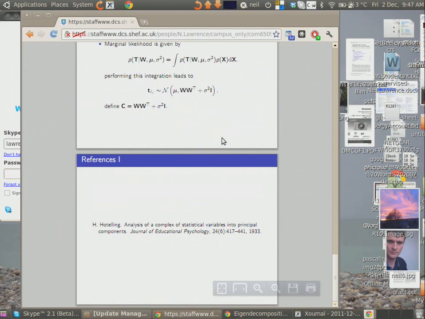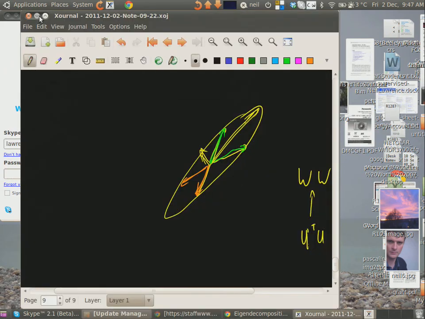Oh, I thought I had diagrams on there. Damn. Okay, well, I want to dig out a few plots of some principal component analysis.